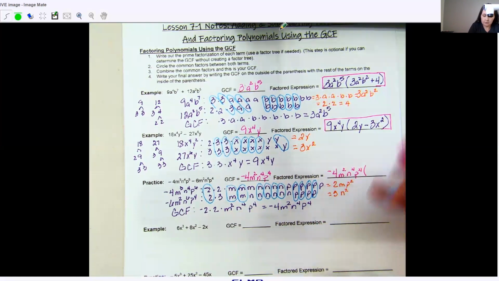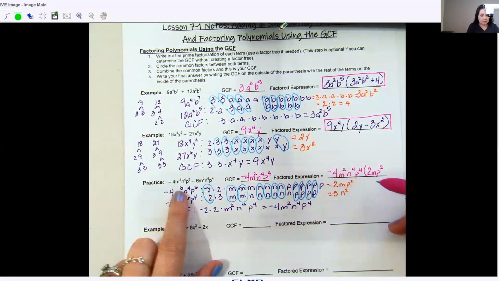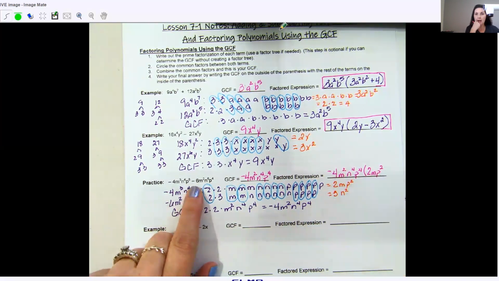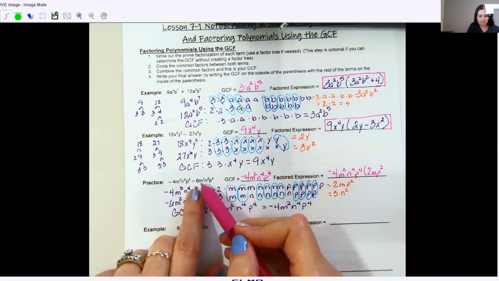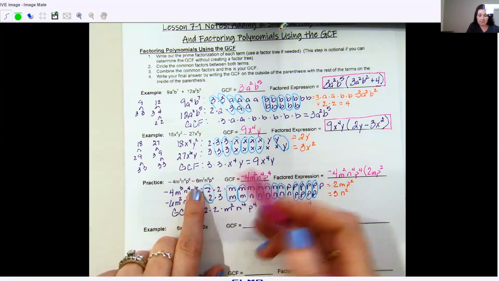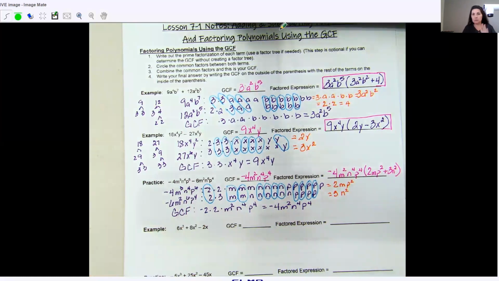And on the inside, our first term is 2mp squared. Now here, notice that we're subtracting, but I pulled the negative out of the term, and so I'm actually going to be putting an addition sign there. So plus 3n squared.